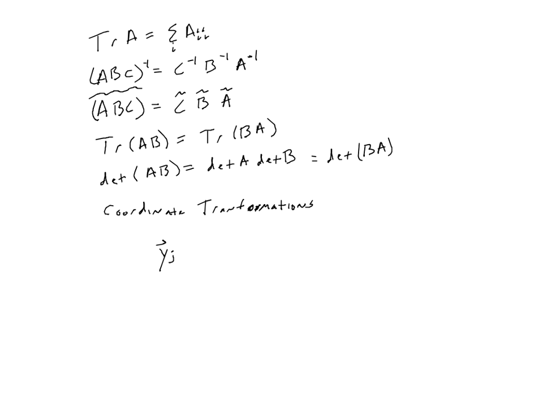This is an arbitrary vector, and I'm going to leave this index on here to say that you can write out each of the components of the vector. And this is equal to the sum over i of A_ji x_i. So in other words, the matrix is transforming the vector from one vector to another one, okay?